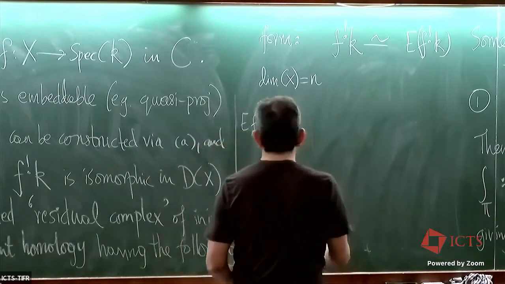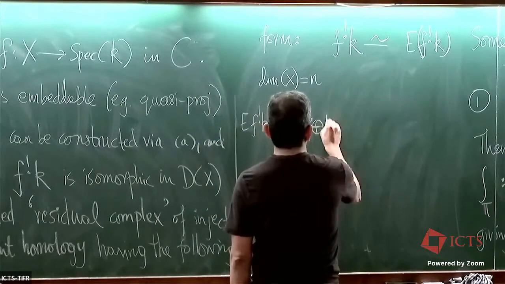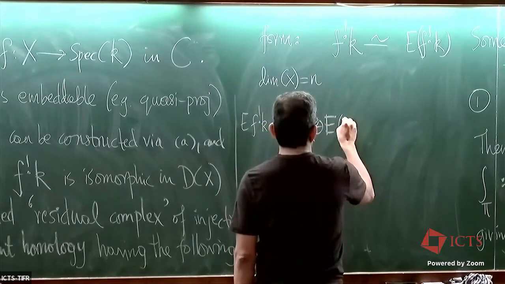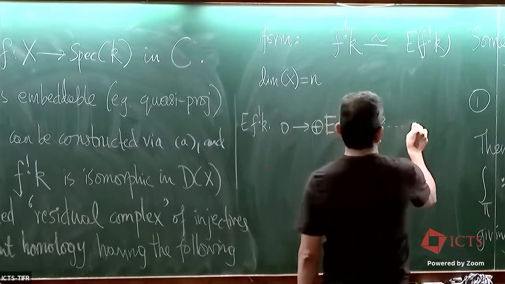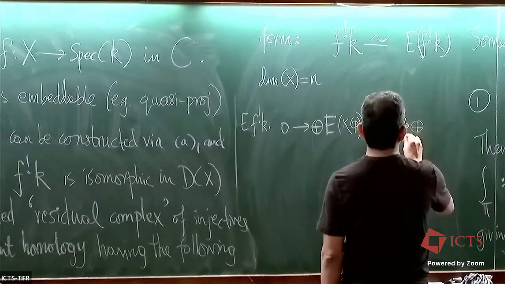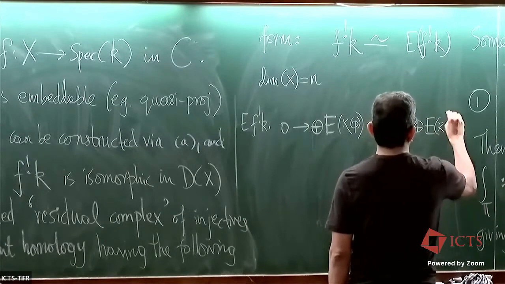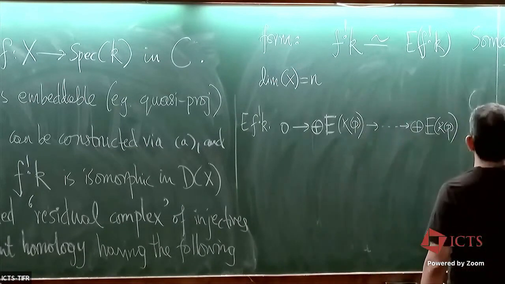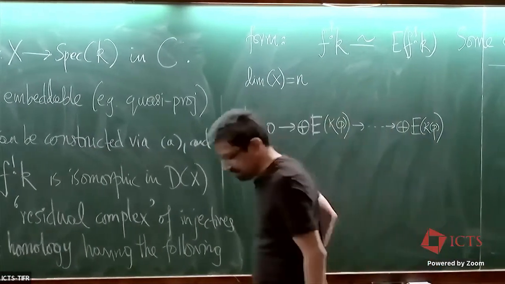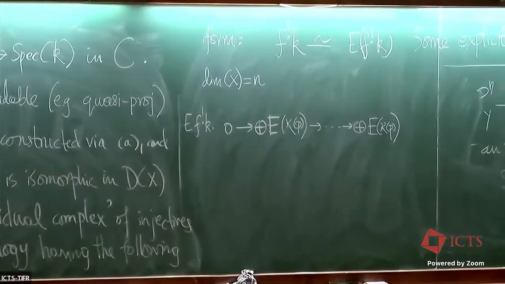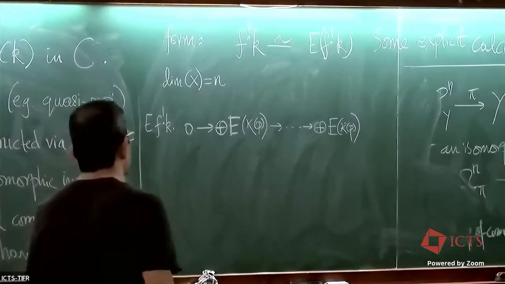So it's going to look like a complex, a direct sum of E(kappa(P)), and in fact every term will look like this only, except the direct sum will vary. Oh yeah, you're saying you can represent it by, of course, yes.